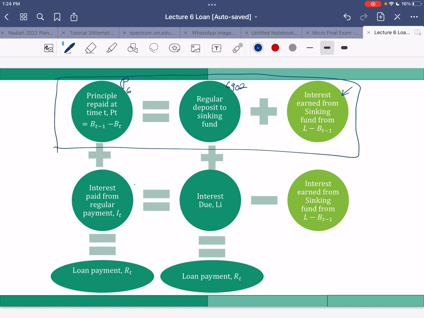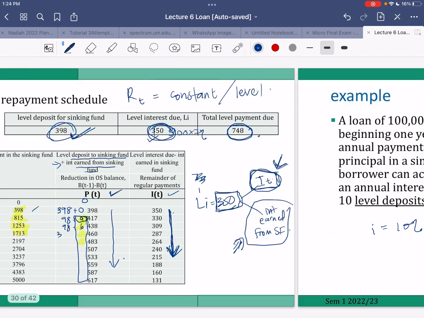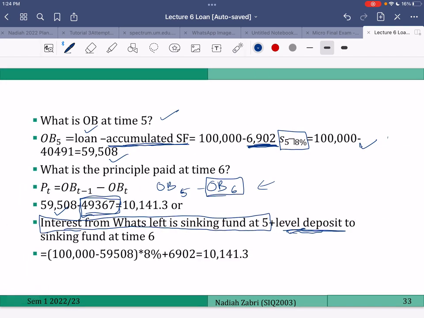This is the interest earned from all of the amount that is already accumulated in the sinking fund. All the amount accumulated in the sinking fund, you can see it as the loan minus the outstanding balance at time 5, or you can calculate it yourself. So in this case, loan minus outstanding balance at time 5, times i, is the interest earned from the sinking fund, plus the regular deposit.